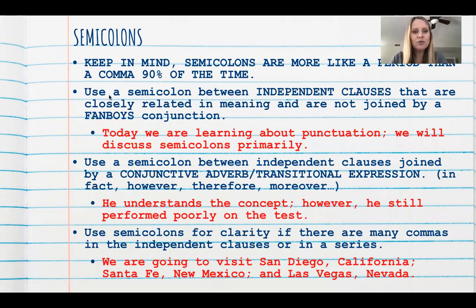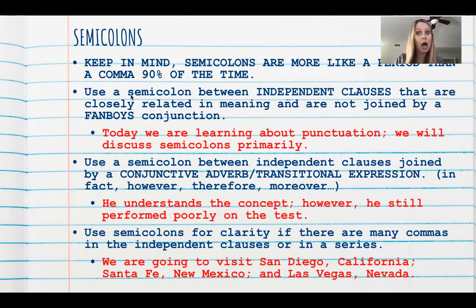So this first rule is more period-like, like I was saying. You want to use a semicolon between two independent clauses that are closely related in meaning and are not joined by a coordinating conjunction, which is one of my FANBOYS.